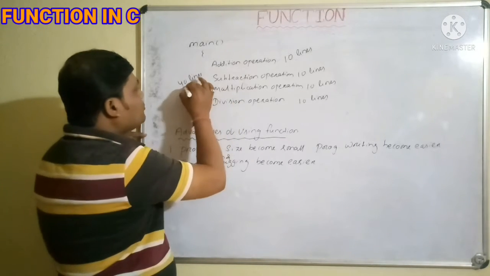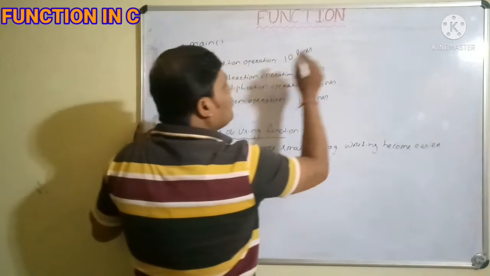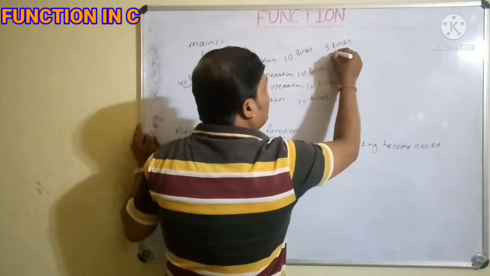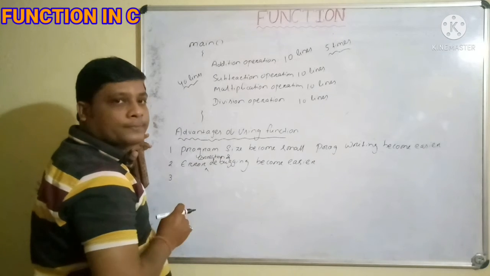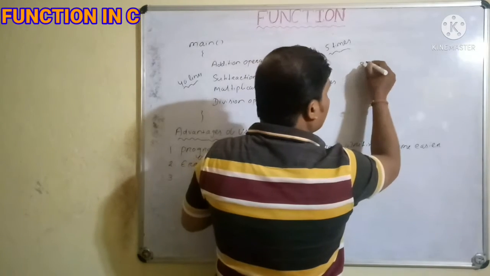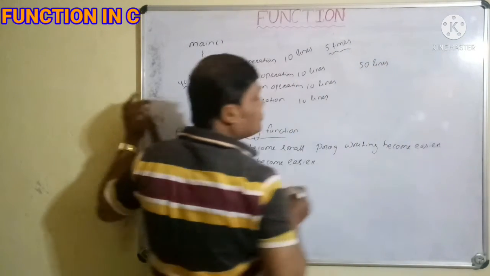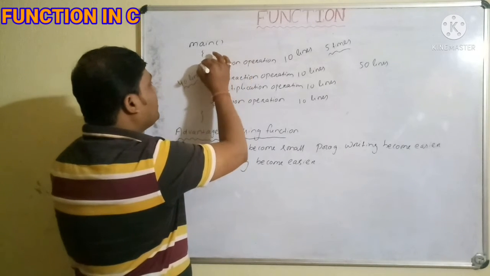Suppose I call this addition operation 5 times. Then I have to write how many lines? 10 into 5, 50 lines. Clear? How many lines for the addition operation? 50 lines.